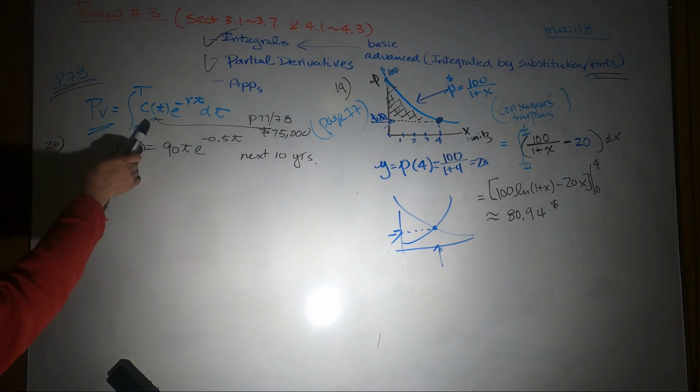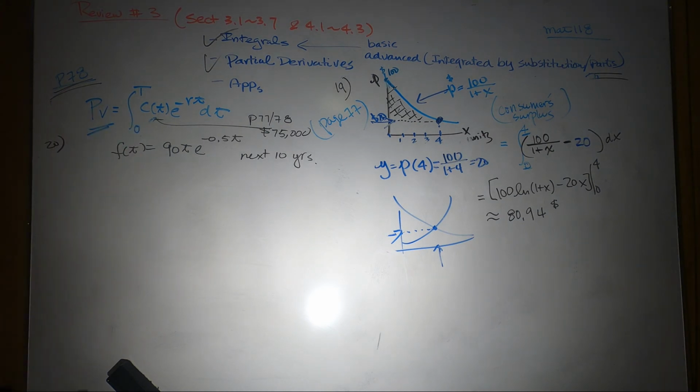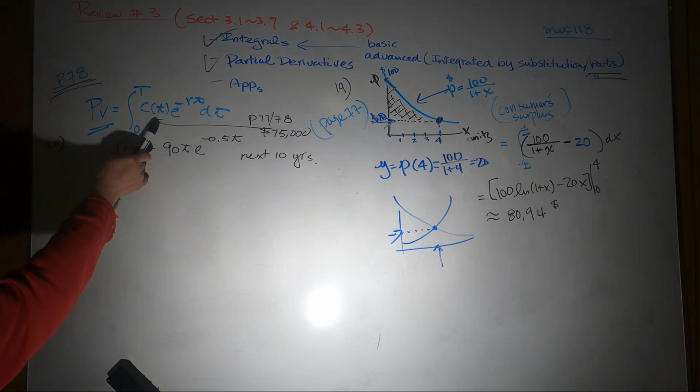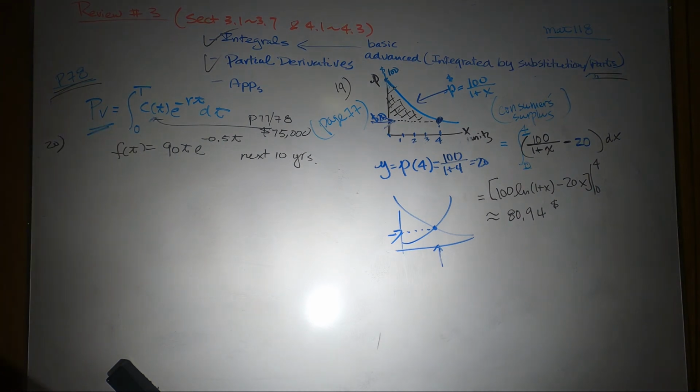So we'll use this formula to find the total income over the next 10 years. We will use this formula, right? Because integrating means you add all those numbers together, put it together.